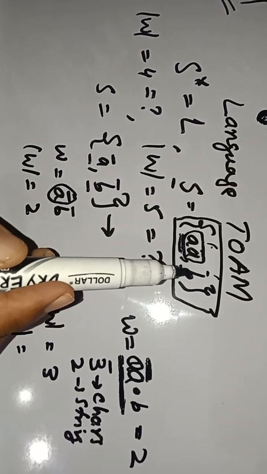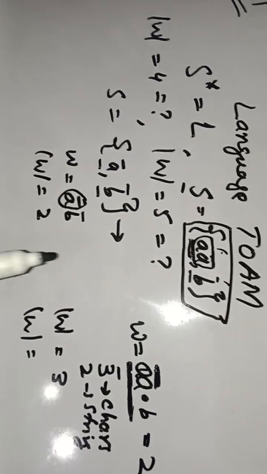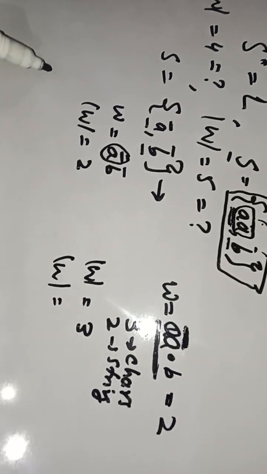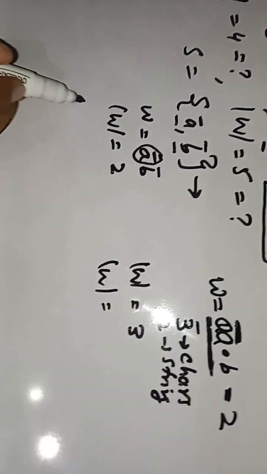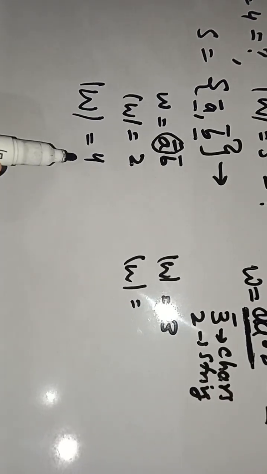The question says, how many words does this language have of length 4? That means we have to find the words where the length of the string must be 4.